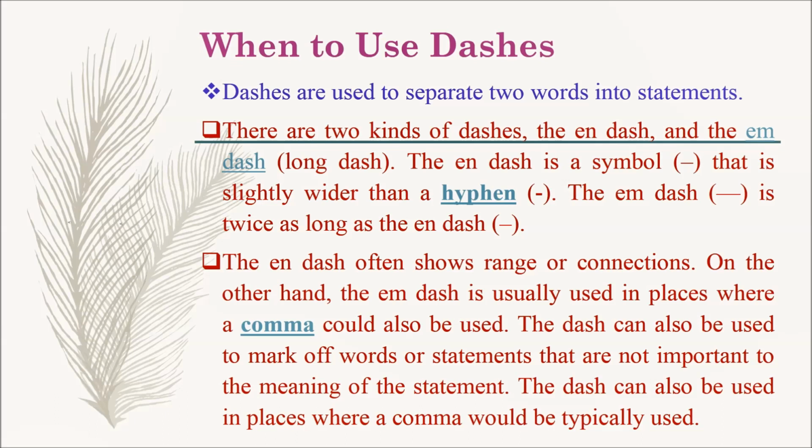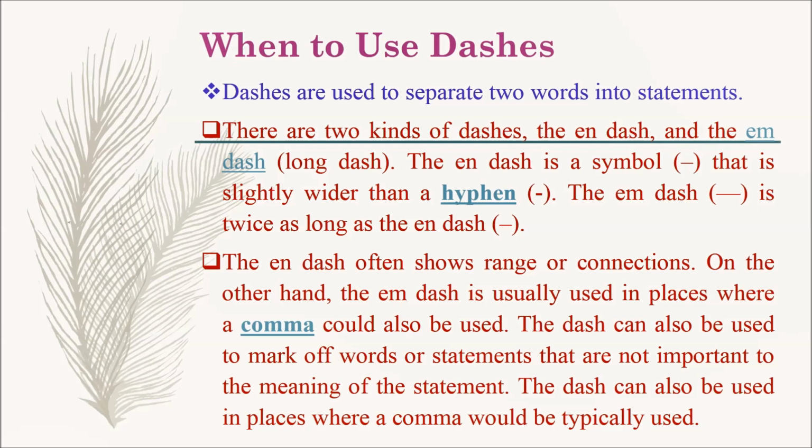The dash can also be used to mark off words or statements that are not important to the meaning of the statement. The dash can also be used in places where a comma would be typically used. Let me explain this.